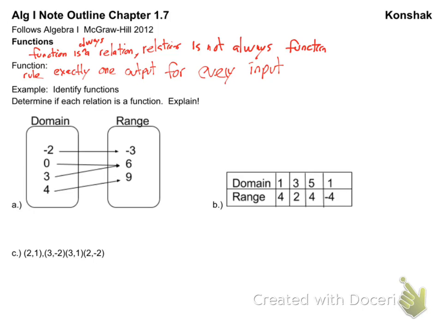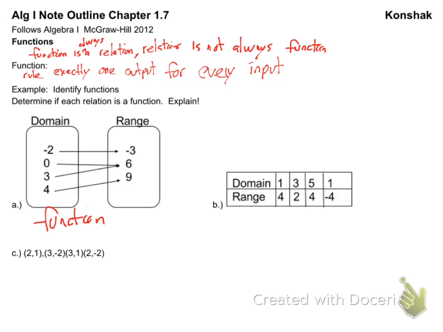It's okay as long as every time I put a 0 in, I get a 6, every time I put a 3 in, I get a 6, and if I put a 4 in, I get a 9. This, ladies and gentlemen, is a function. There's exactly one output for every input. That's your explanation.